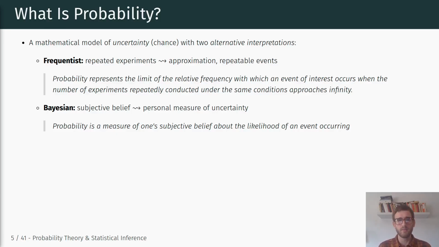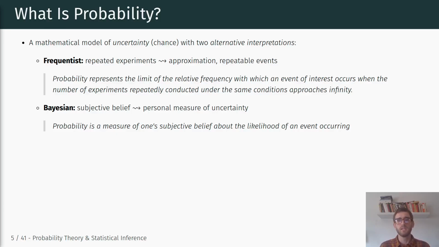One, this idea of repeated experiments, while it is useful in an ideal world where we can think about repeating a survey 100 times, 1,000 times, and so on, oftentimes we have scenarios, and as social scientists, we're interested in scenarios where this idea of repeated experiments doesn't really apply.